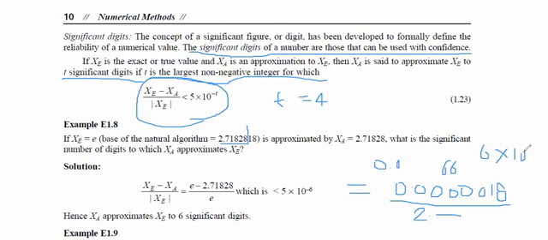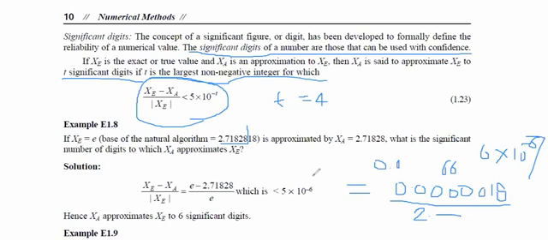But how is this less than something, wrong? No sir, sorry sir. We can write 6 into 10 to the power -7. Correct, because this is 6 times 0 and this is 7. Then it is always less than 5.